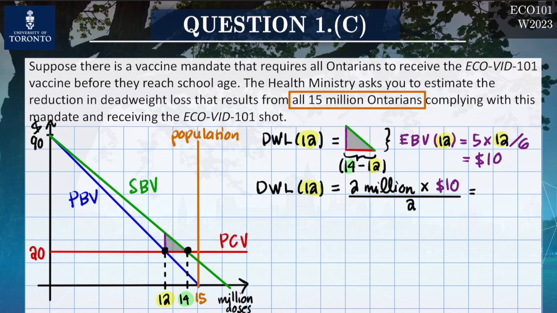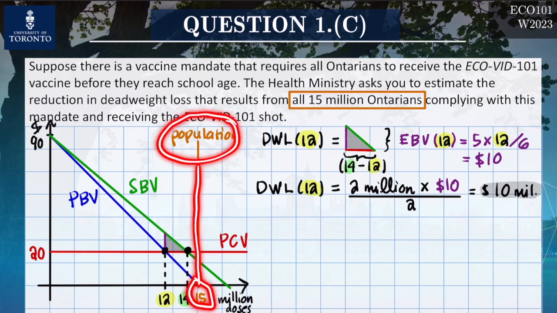And this gives us a deadweight loss that is equal to $10 million at the market equilibrium. And this is, of course, a deadweight loss if the government doesn't intervene in this market. And well, as we see, it actually does, as there is this vaccine mandate that forces 50 million people to receive the vaccine. And this is, like I said, a binding minimum quota at the population number.